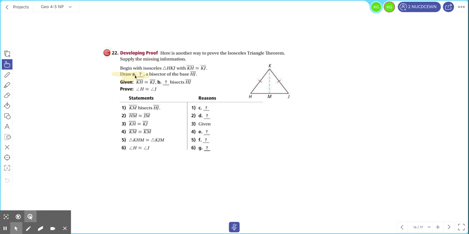So what they're looking for there is, what is the line segment that is the bisector of the base HJ? Then given HK is congruent to KJ, which line segment bisects HJ? That's going to be the same answer as you had for A. And then you can use what you know to complete the proof.